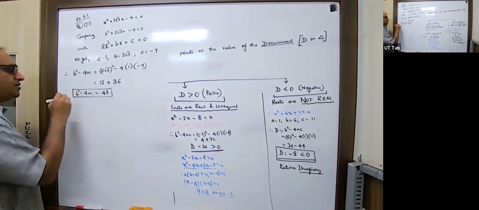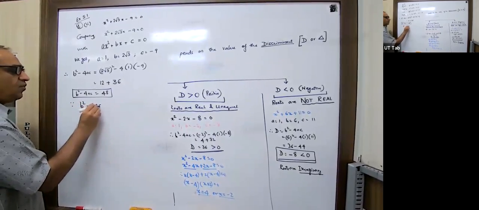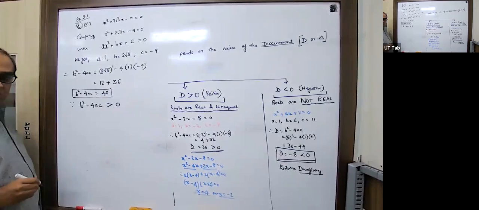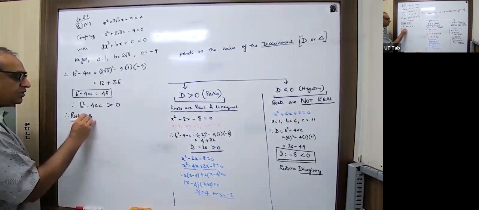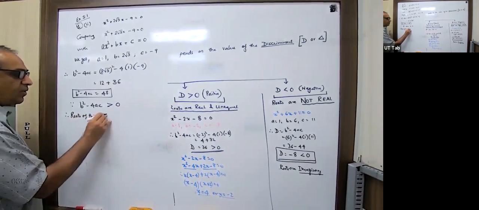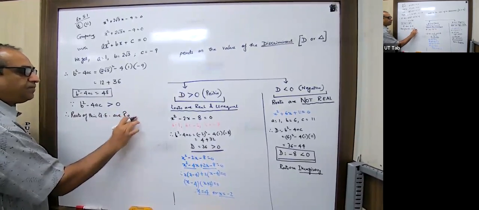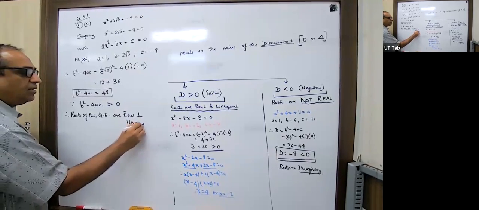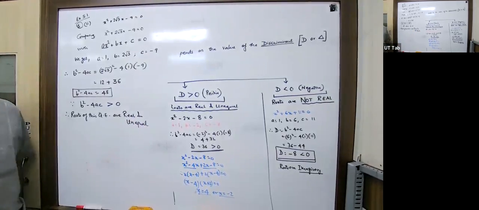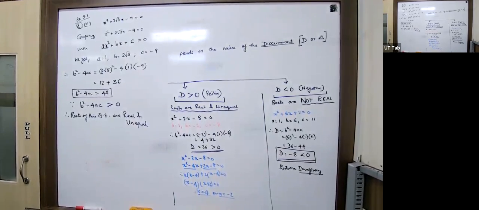अब लिखेंगे since b squared minus 4ac is greater than 0, therefore roots of this quadratic equation are real and unequal. अगर ये 0 होता तो real and equal. अगर ये less than 0 होता तो not real या imaginary. बस इतना ही करना है.